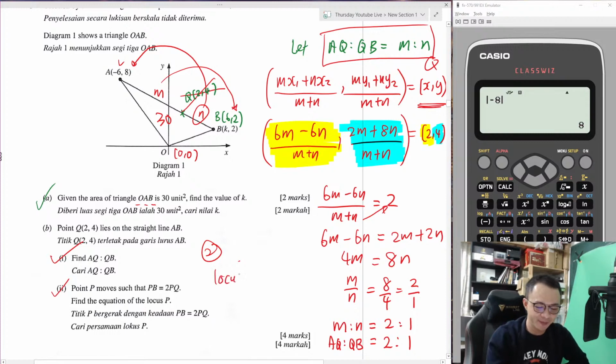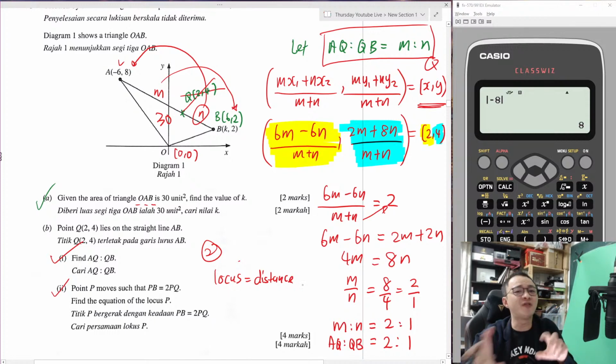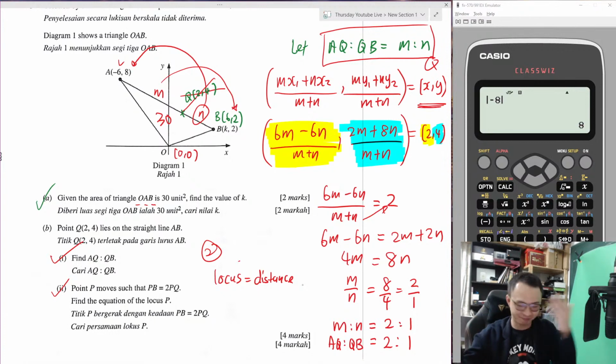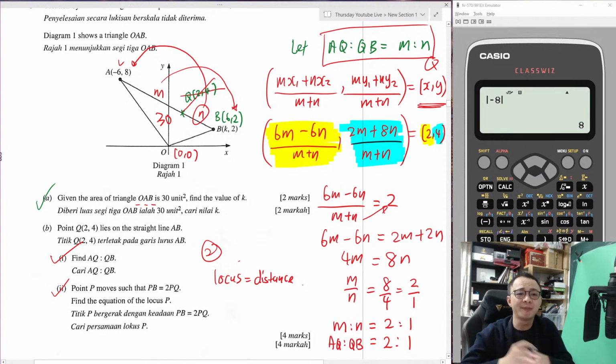Locus is equals to distance. Most of the case, we will use a distance formula to find the equation of locus. Sometimes we will use gradient, sometimes we will use perpendicular to actually find the locus. But most of the time, we will just use the distance.